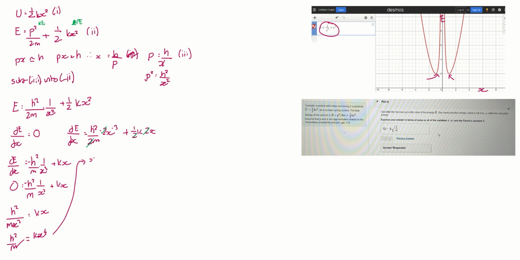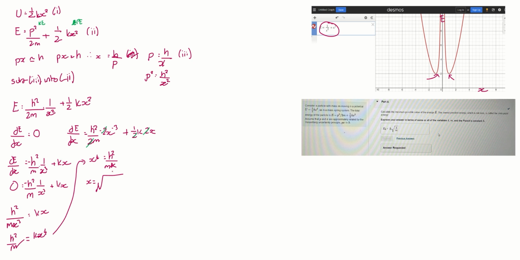We're going to get x to the 4 equals h squared over, we've got to divide by k, over mk.